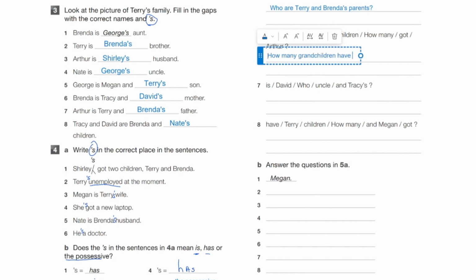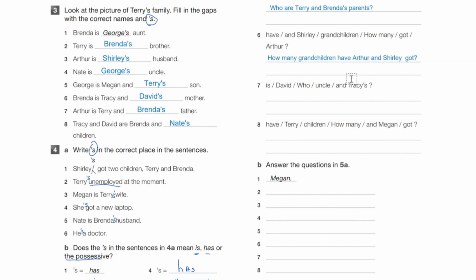And number 7, is David who Uncle and Tracy? So who is David and Tracy's uncle? We're asking about one person. So who is David and Tracy's uncle?